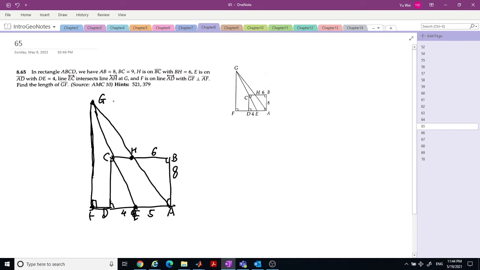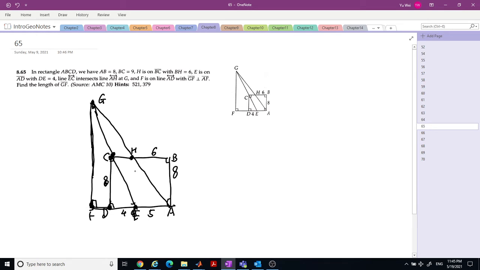In order to find the length of GF, we need to find some similarities, right? So the first similarity is triangle GEF similar to triangle CED, and for this one we know it's 4, we know it's 8. So what we want to solve is FD, then we can solve this problem.